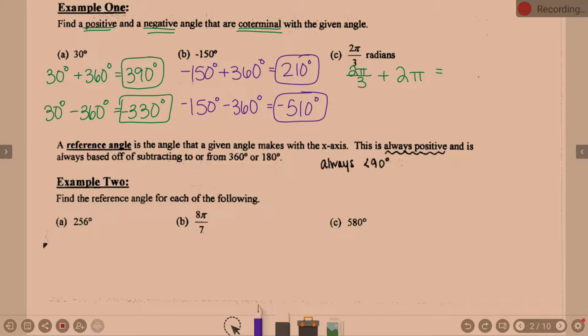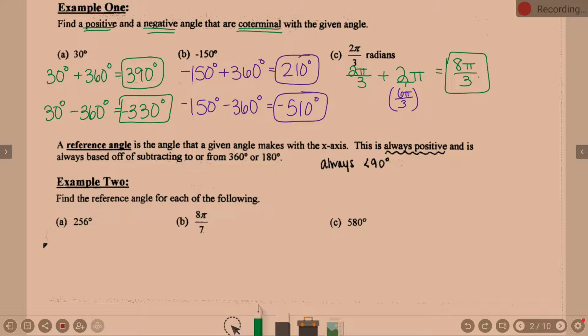And if we go get a common denominator, 2 pi over 1 with a denominator of 3 becomes 6 pi over 3. Can you agree there? Right? 2 pi over 1 is what you're going to think of here, and 2 over 1 becomes 6 over 3. So what's 2 pi over 3 plus 6 pi over 3? That's going to be 8 pi over 3.